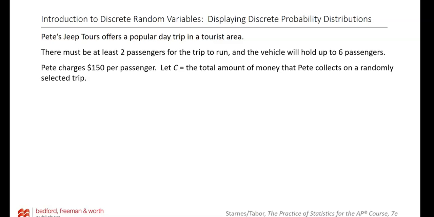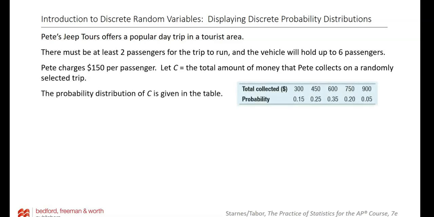You're not going to collect 0, so that's not possible. But 2 passengers would be 300, right? 6 passengers would be 900. So it's going to be between 300 and 900 for the amount of money he collects. Yeah, 300 to 900, and they went by 150s because every passenger counts as 150. I guess you could have an odd number of passengers. That's possible.